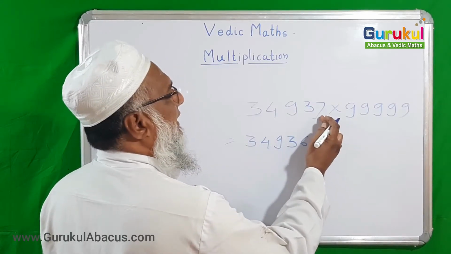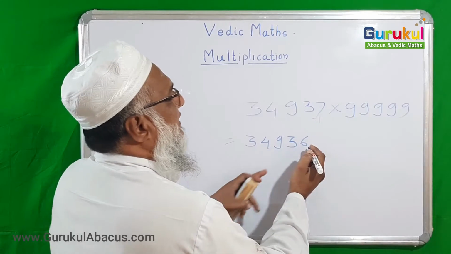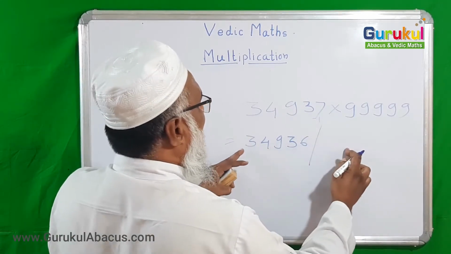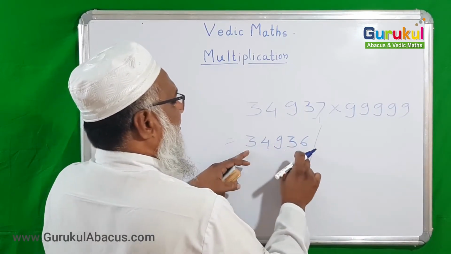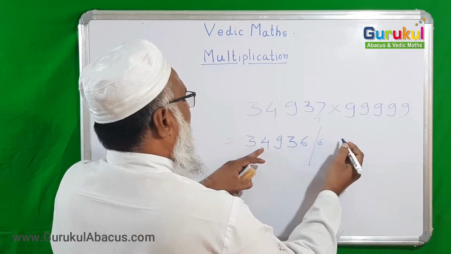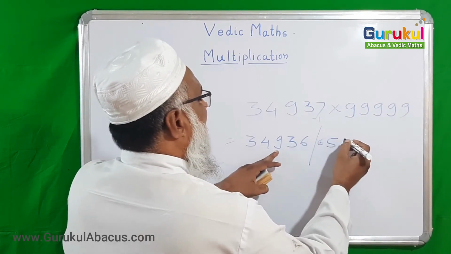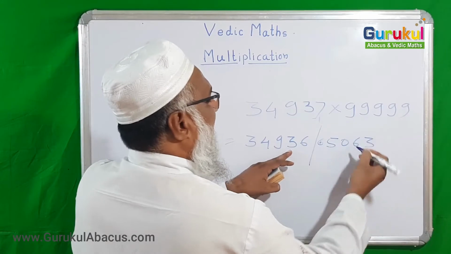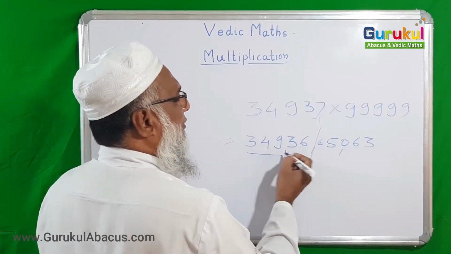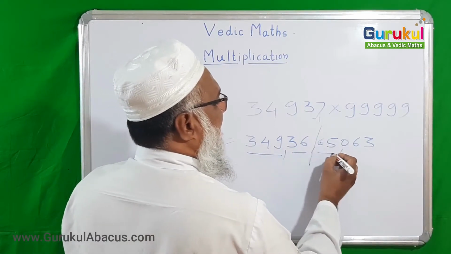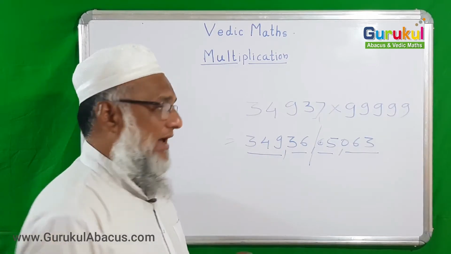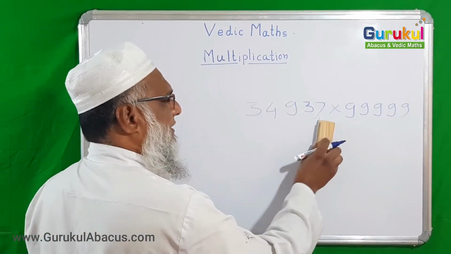I didn't write 7; I wrote 6 because I subtracted 1 from it. Then the further part of the answer I write by subtracting all those digits from 99999. 9 minus 3 is 6, 9 minus 4 is 5, 0, 6 and 3. That's my answer: 349 crore 36 lakh 65,063.